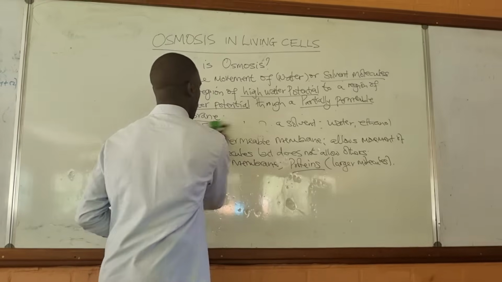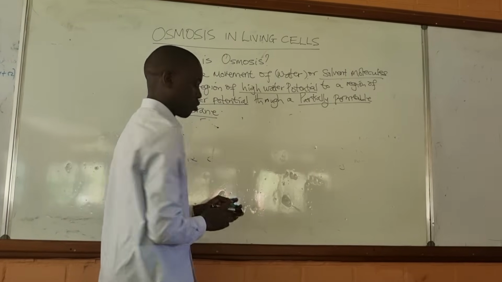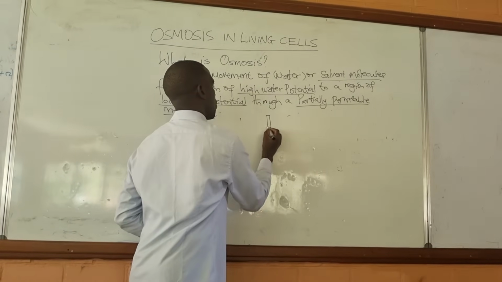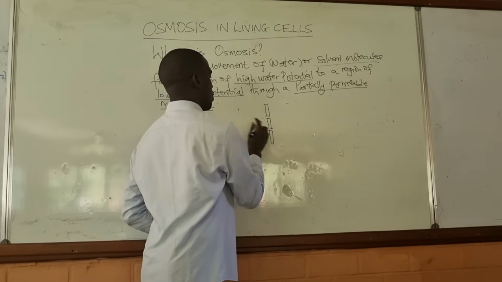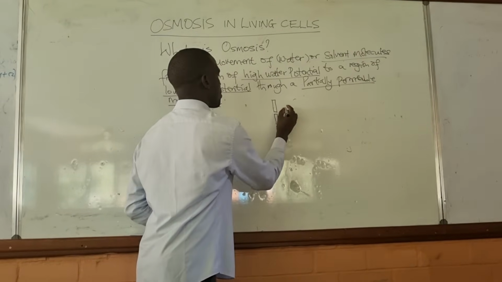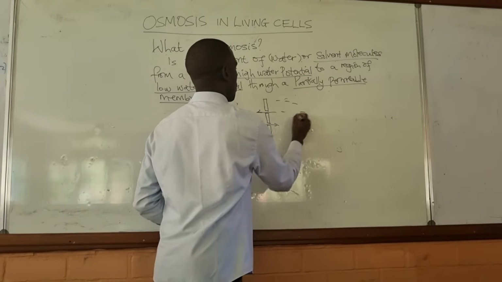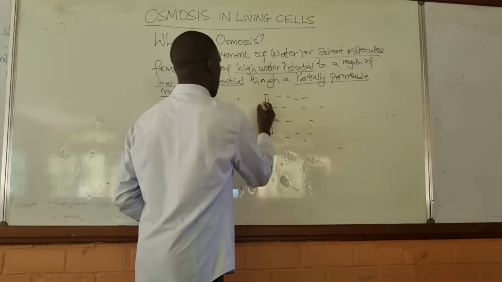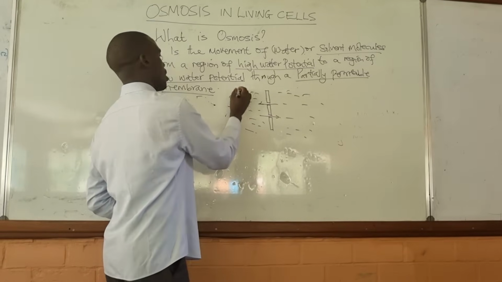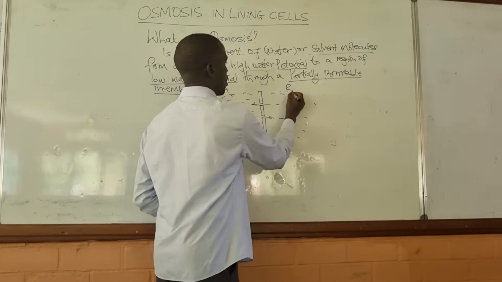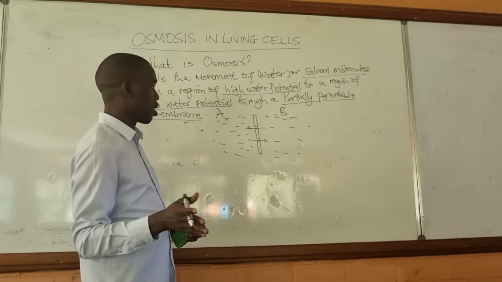Let me give an illustration. If we have this as our membrane, in our membrane here we have areas where we can have the exchange of materials, and we have two regions separated by the membrane. If we have this area A, then we have another area B. One area has high water potential.